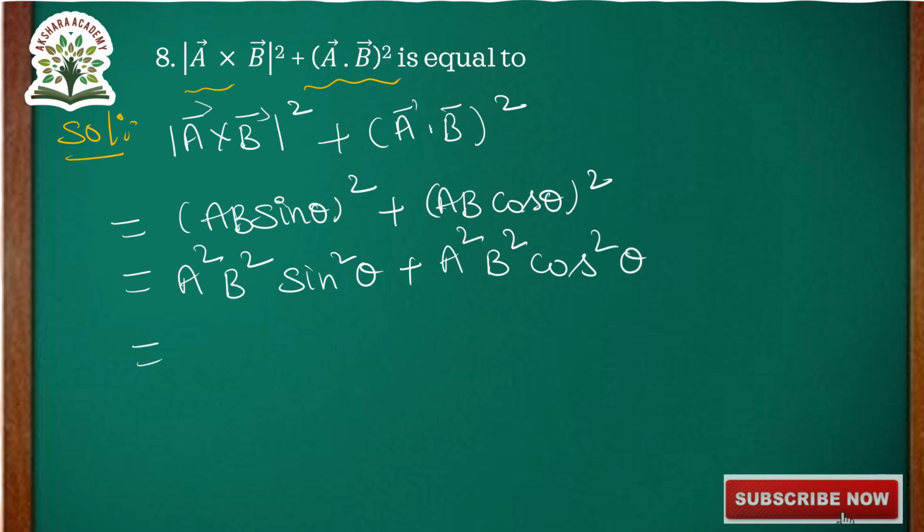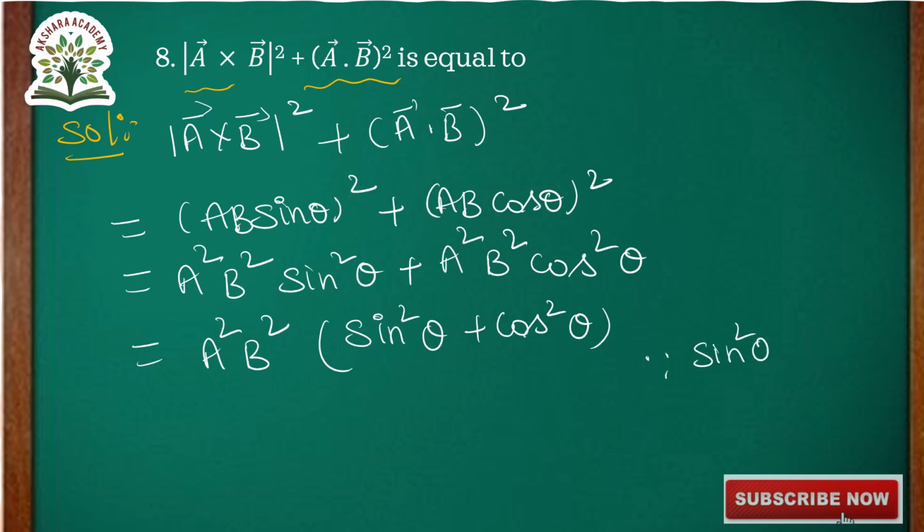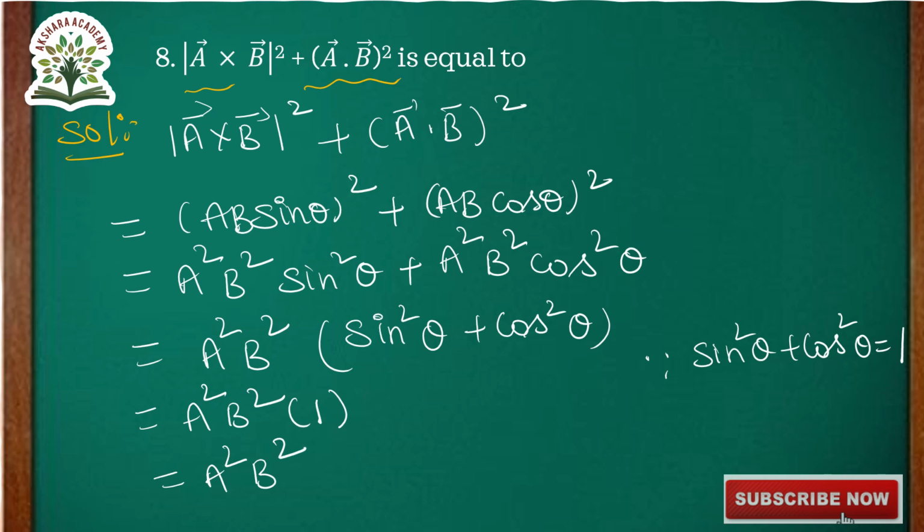Now taking common a square b square, here remaining is sine square theta and here remaining cos square theta. Since sine square theta plus cos square theta is equal to 1, that is equal to a square into b square.